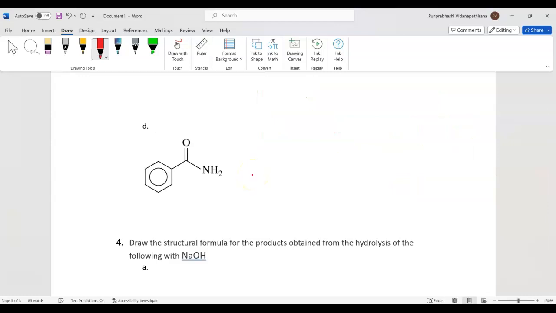So to determine the products, again, split it from here and add a hydroxyl group to this side. So why we are adding this hydroxyl group and hydrogen? Because it's hydrolysis, means it breaks up this bond in the presence of a water molecule. So that's why we need to add OH to this side and a hydrogen to this side.